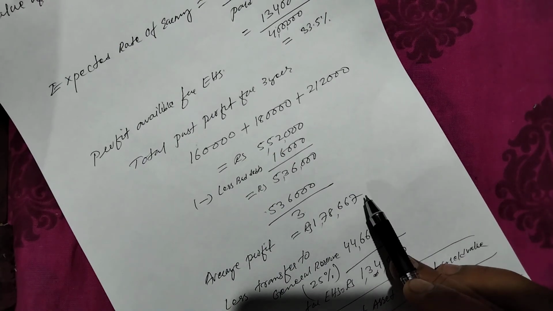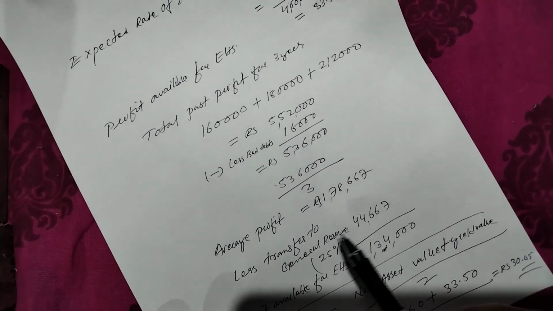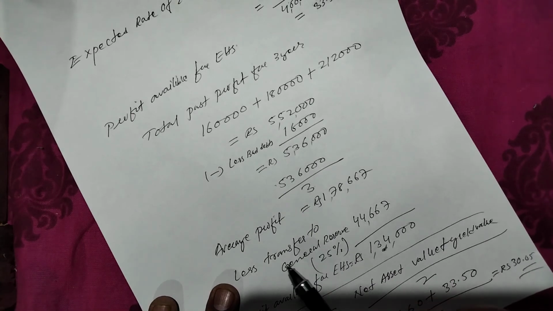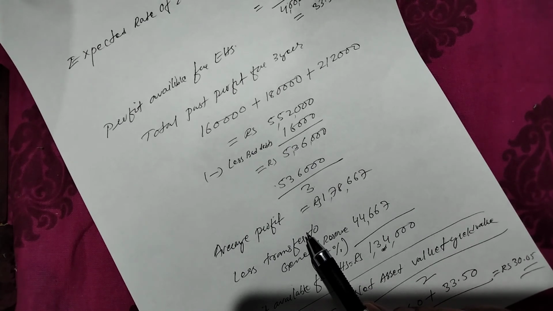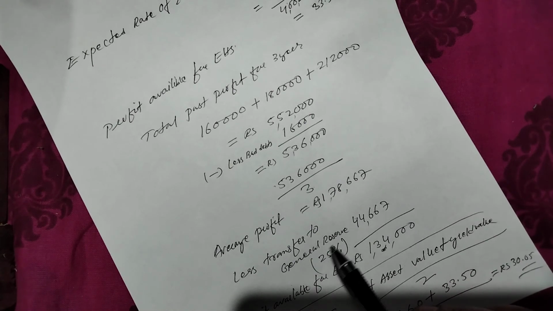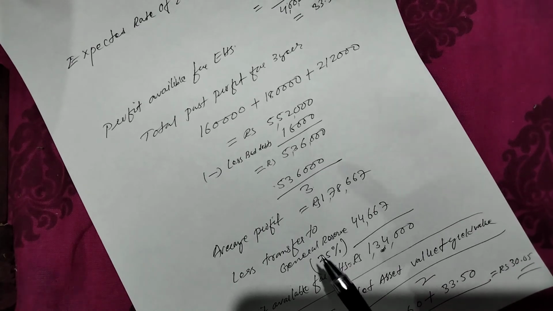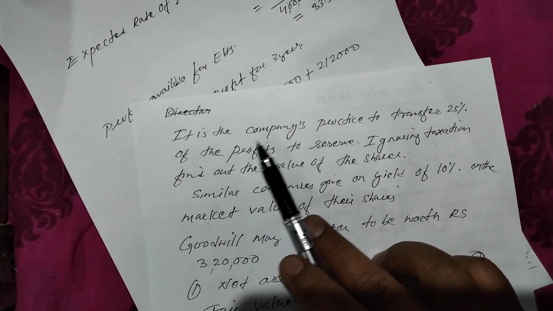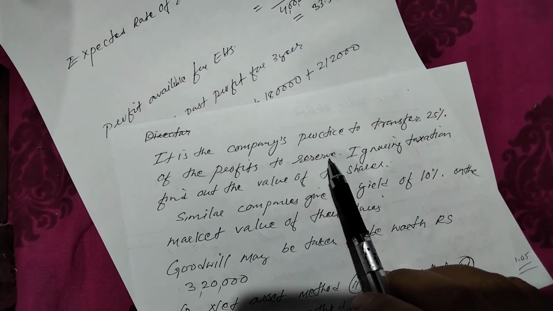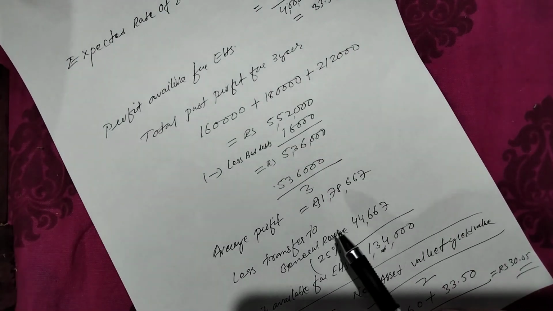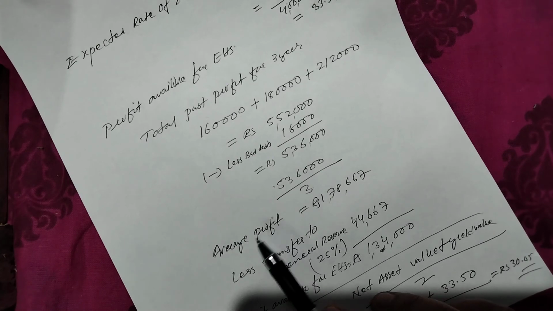After this, if the company has a trend or practice, they have given something: they have a practice to transfer 25% of their profit to the reserve every year. That is given in the question. It's the company's practice to transfer 25% of profit to reserve, so we need to transfer that from the average profit.